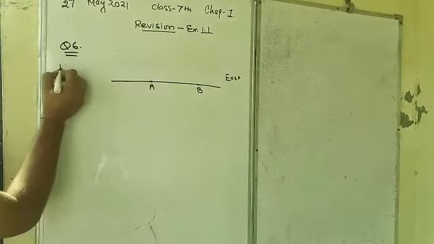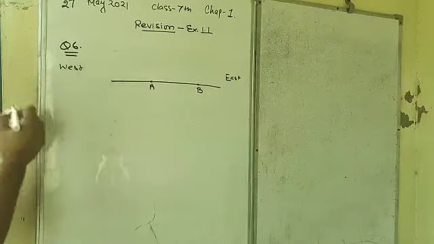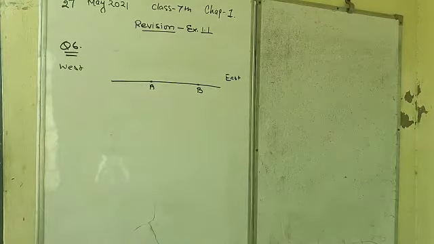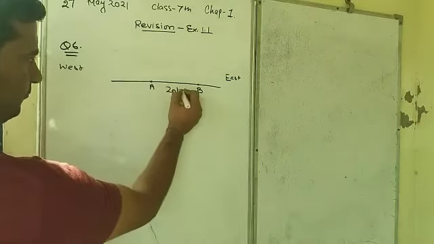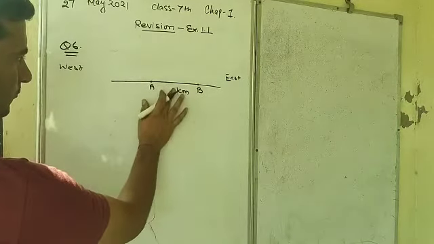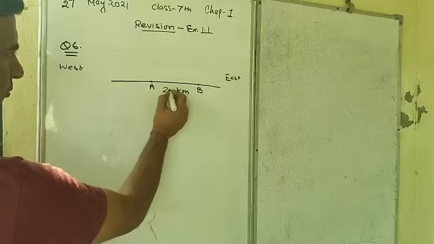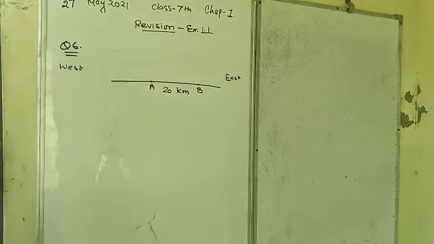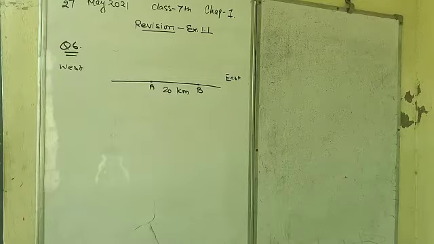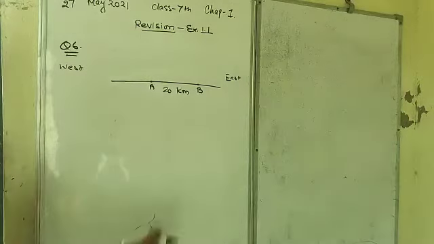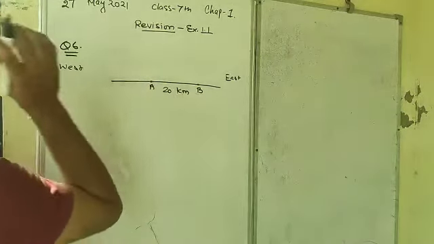East side में है ना, west on the opposite side. She moves 20 kilometers from point A to point B, and then from B 30 kilometers towards west.